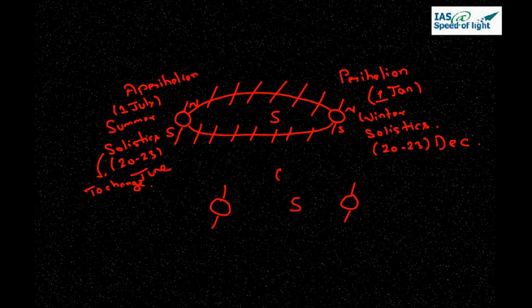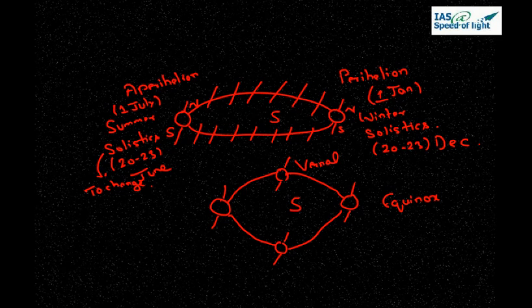Now we see another point during the revolution of earth, and these are the equinoxes. Equinox: equi means equal and nox means night, so equal nights. This is the vernal equinox, and this is the autumn equinox.